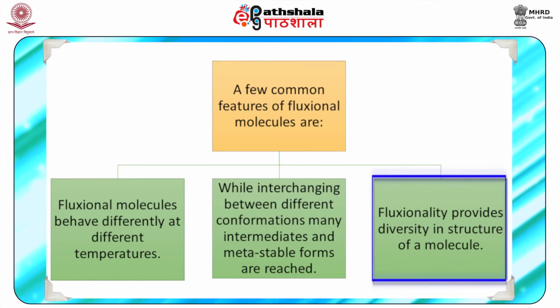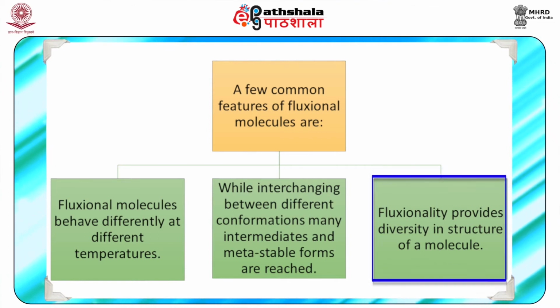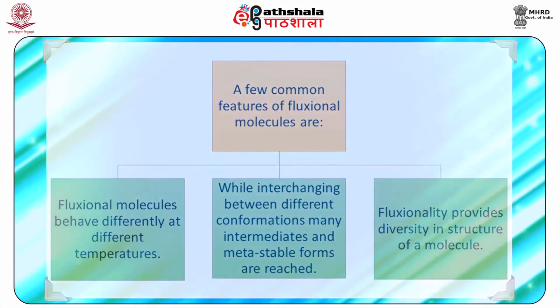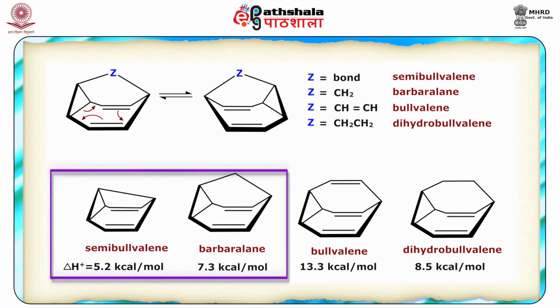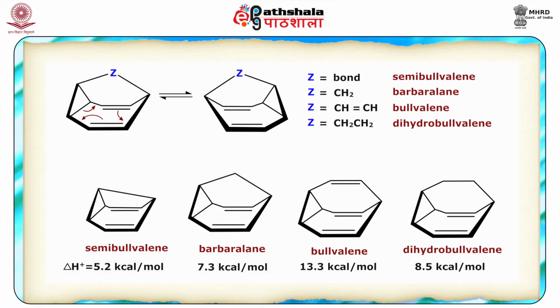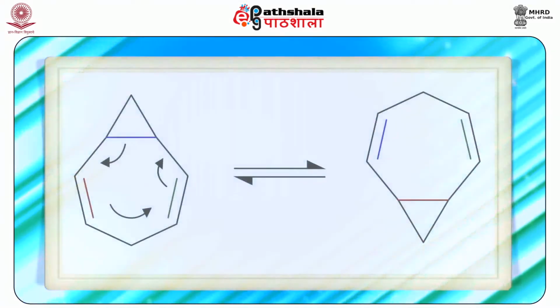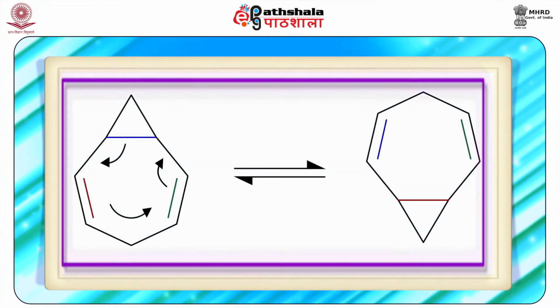Fluxionality provides diversity in structure of a molecule. Several analogues of bullvalene, such as semibullvalene and barbaralane, also exhibit the phenomena of fluxional isomerism, as can be seen in the structures.